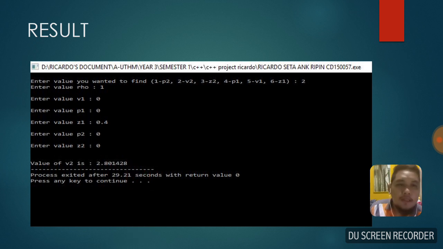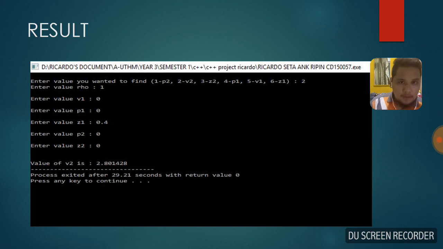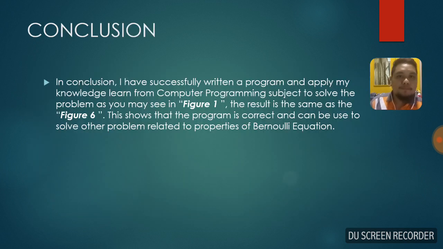See, you got the same value as the question just now. So it's a very simple, easy, and fast way to solve the question by using a C program.